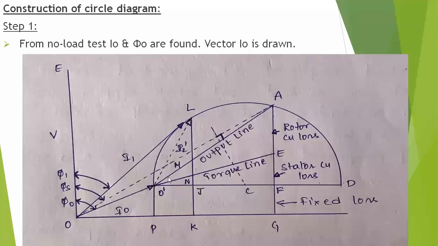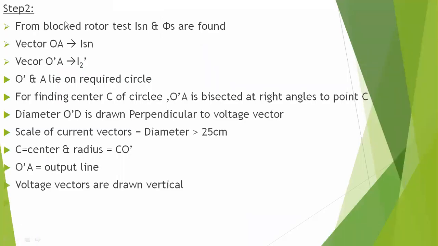This is step one. Next, coming to step two. From the blocked rotor test, which is also called the short circuit test, remember, the short circuit current ISN is calculated corresponding to normal voltage, and phi s is also found.